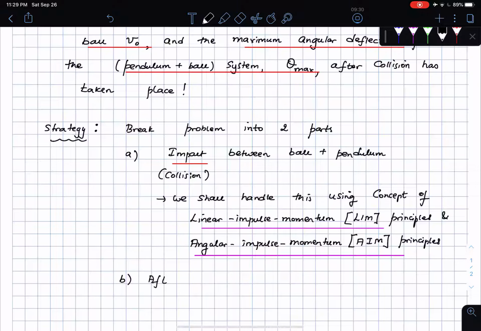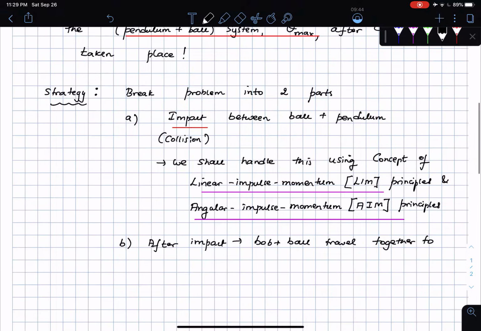after impact, the bob and the ball travel together to a position of maximum deflection.